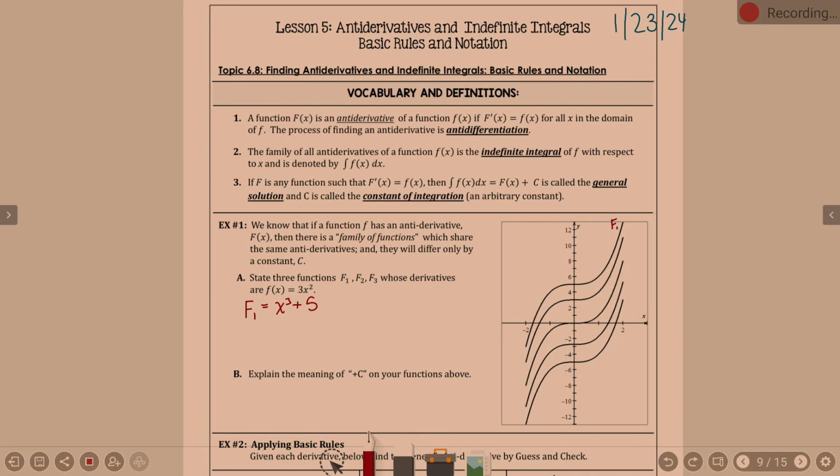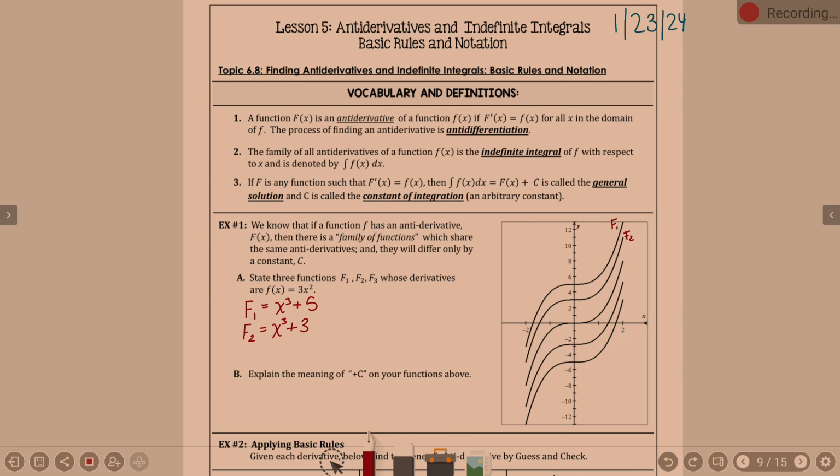Okay, well, is that the only function that has that derivative? No, because the derivative of a constant 5 is 0. So what's another one? Okay, f2, I'm going to call x cubed plus 3. Is that one from the graph, I'm guessing? It is. So there's your f2.